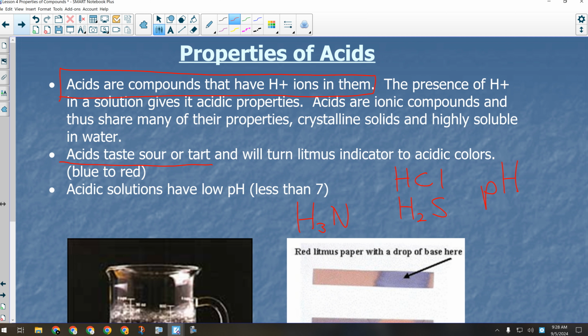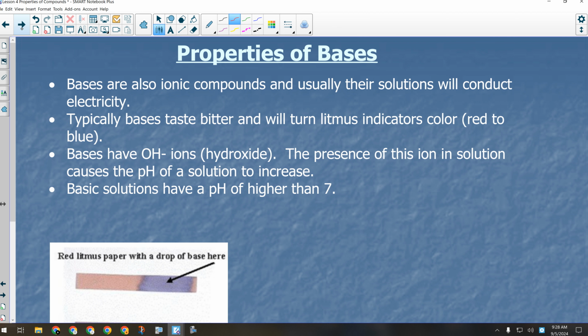Acids are because of H+. Bases are because of OH. Bases have OH or hydroxide ions in them.